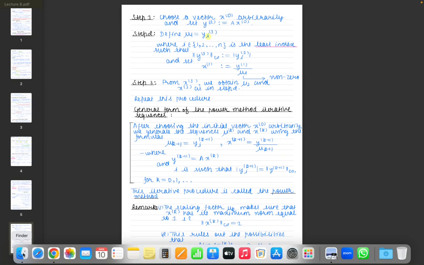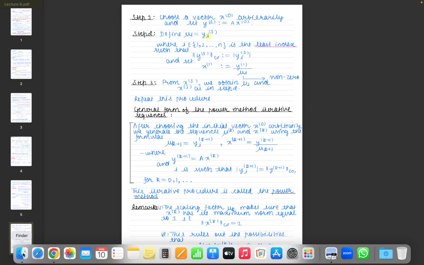Using the formulas mu k plus 1 as this, and x k plus 1 will be generated by this.